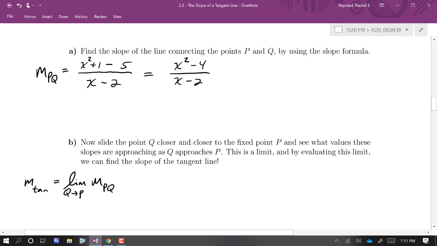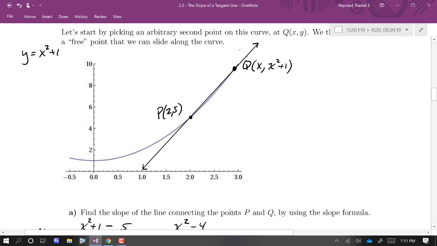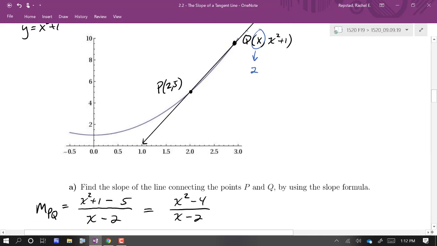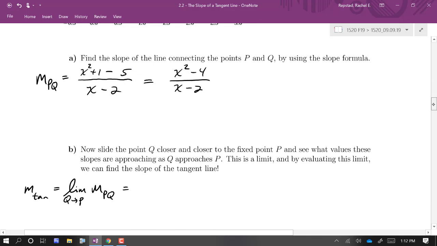Physically, that's what we want: to push that point Q so it's getting closer and closer to P. But as Q approaches P, that means this x coordinate has to approach 2. So this limit as Q approaches P is the limit as x approaches 2 of this secant slope expression.